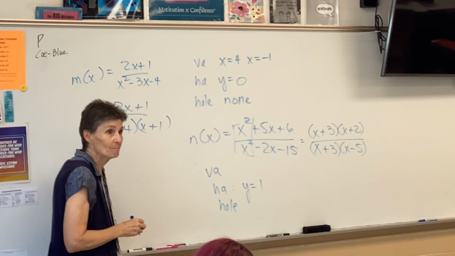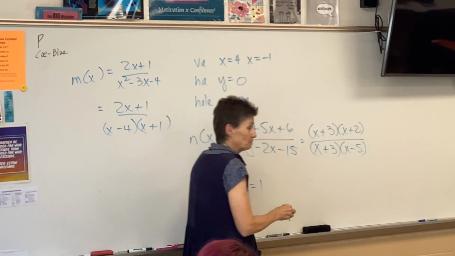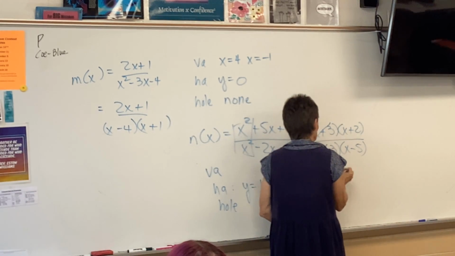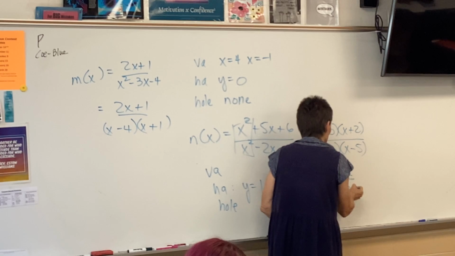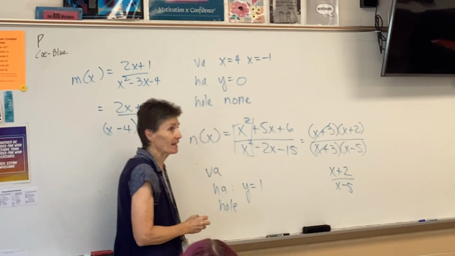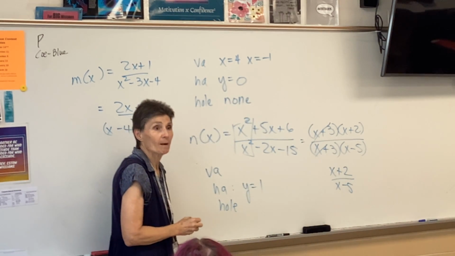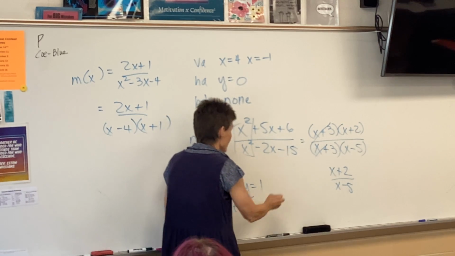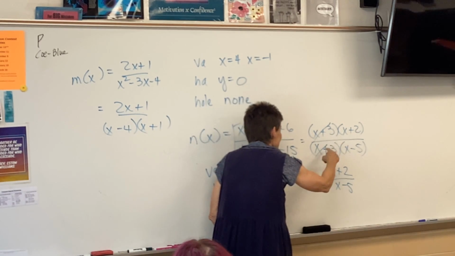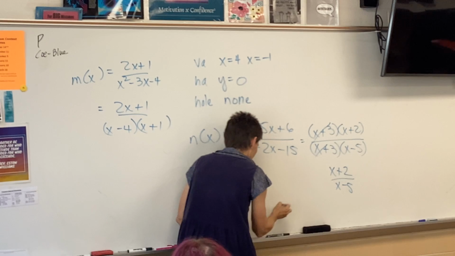I think I'm good. And what do I notice? I can cancel. So what does that mean, the fact that I canceled? I'm gonna have a hole, and the hole is gonna be where x is -3.